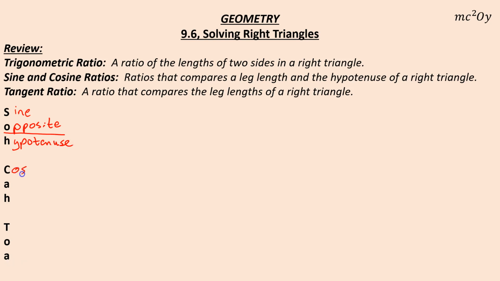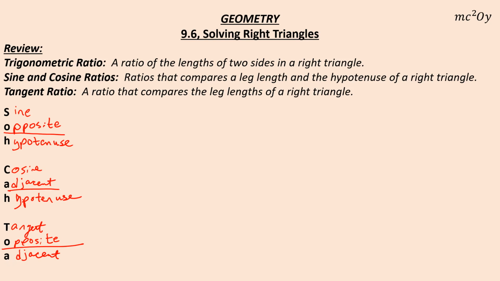Cosine is equal to the adjacent side length over the hypotenuse. And then tangent is equal to the opposite side length over the adjacent side.